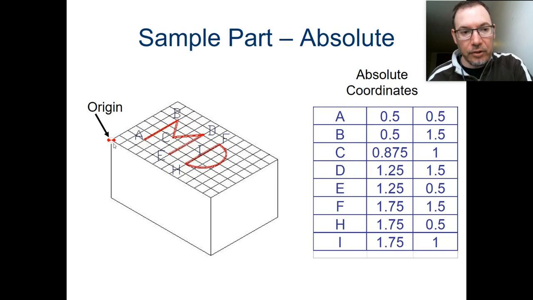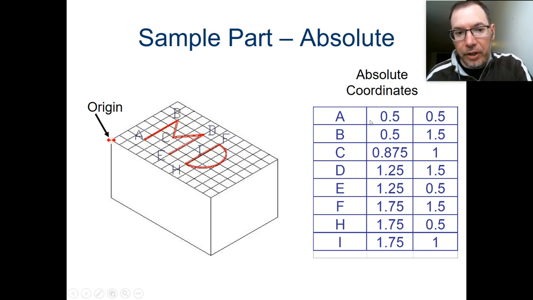Because of where we set the origin in the bottom left, anything along the X direction, which is this front edge, is going to be positive X. Anything along that back edge is positive Y. So we're just trying to keep all of our numbers positive for X and Y, and Z is positive above the part, negative if we're cutting.